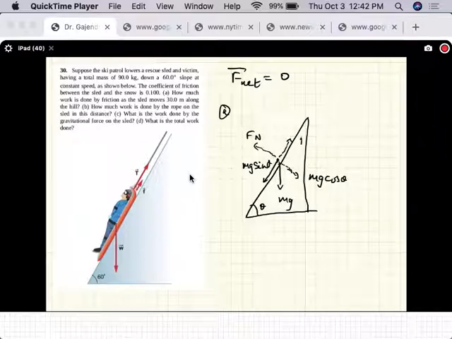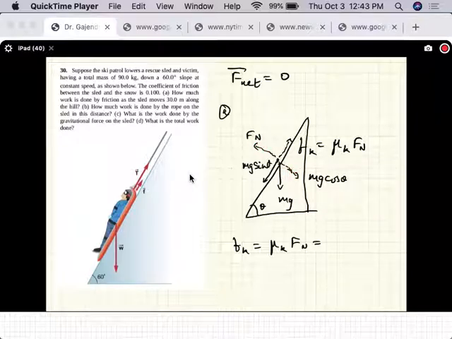And there is the kinetic friction force, which is mu k times the normal force, and the normal force is equal to mg cosine theta.